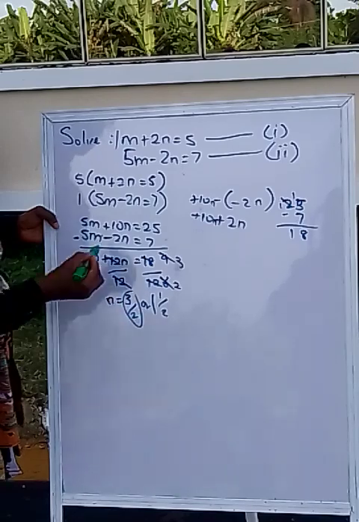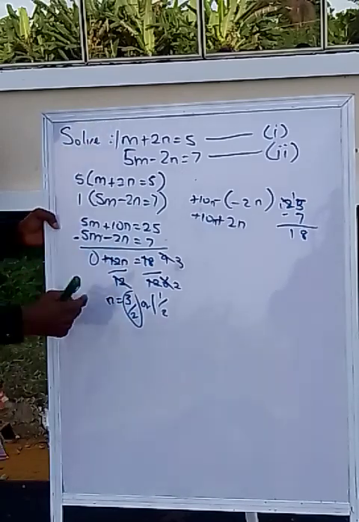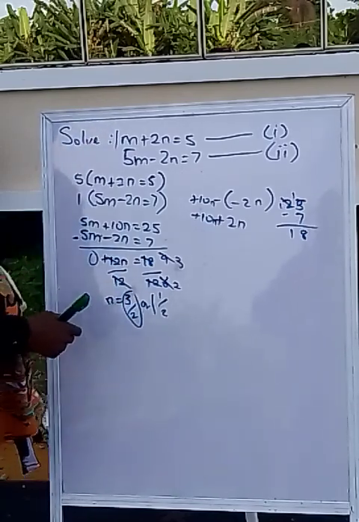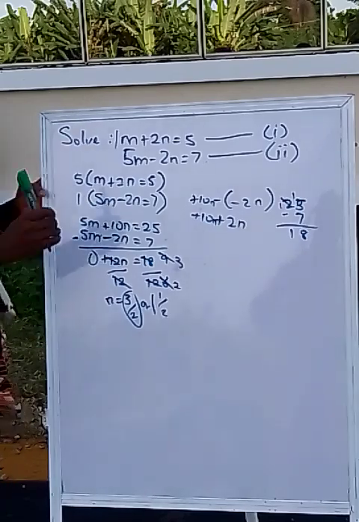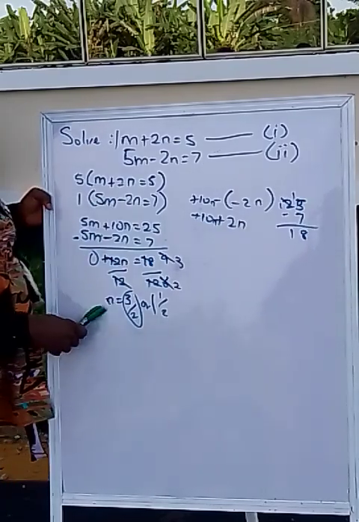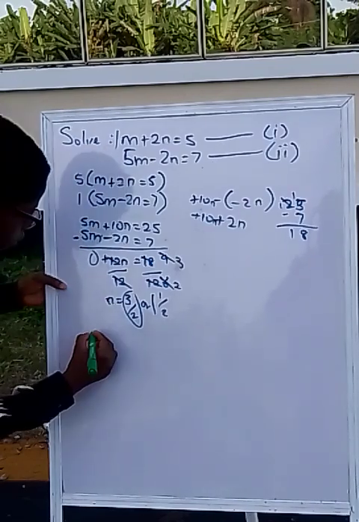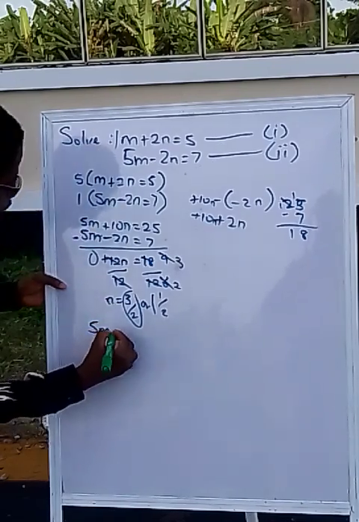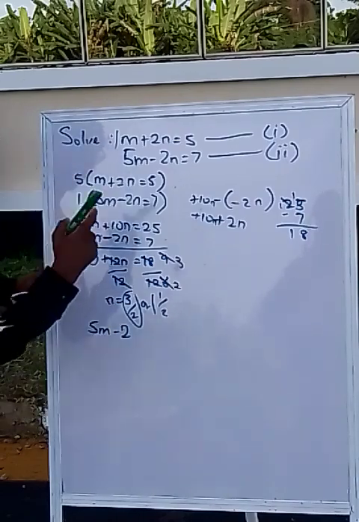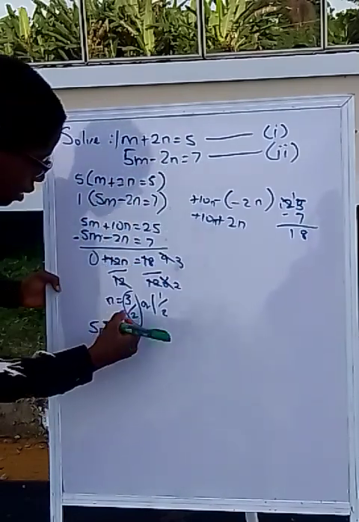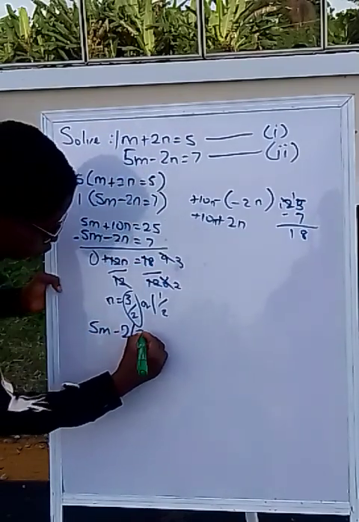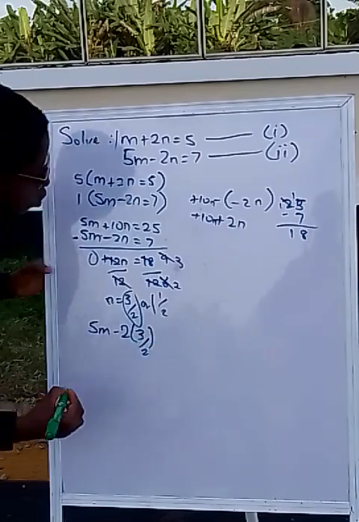Now, since we've gotten our n, to get our m, we substitute the value of n in any equation. Now let's use equation 2. We have 5m minus 2 times n, and our n is 3 over 2, equals 7.